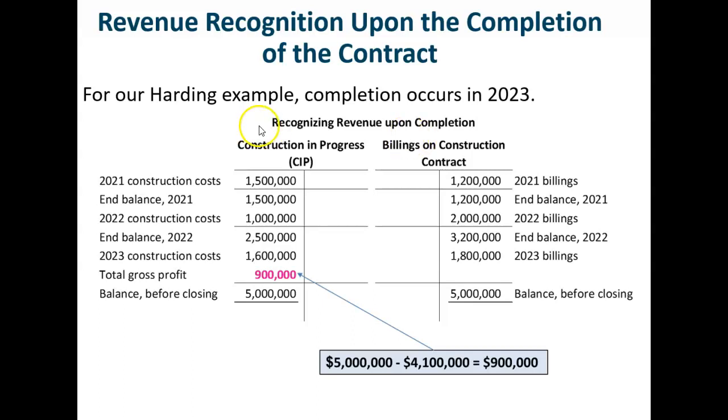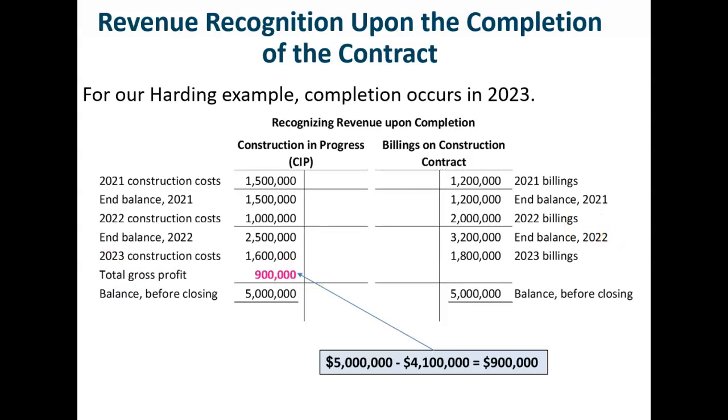As shown in these two T accounts, the construction in progress or CIP T account is here, and the contra asset account, billings on construction contract T account, is here. Completion occurs in 2023 for our Harding example.